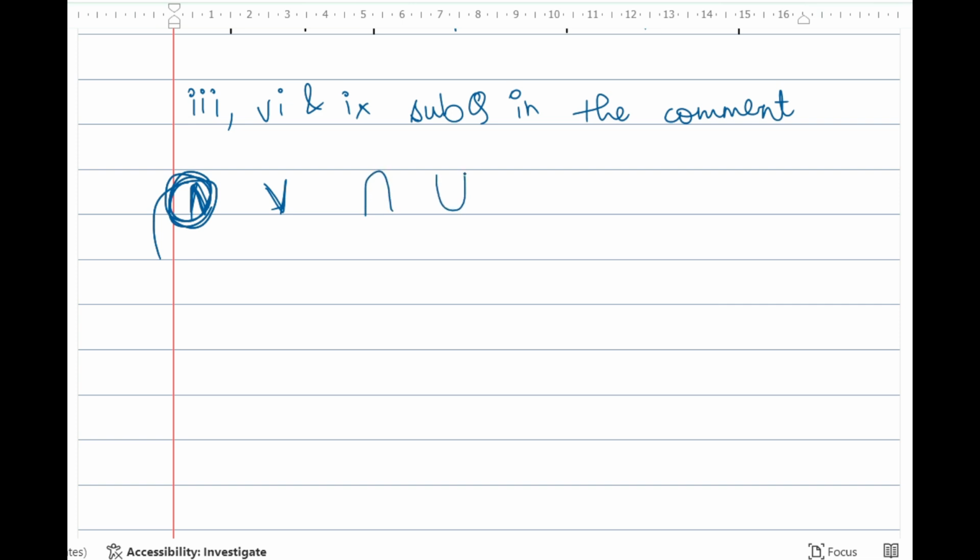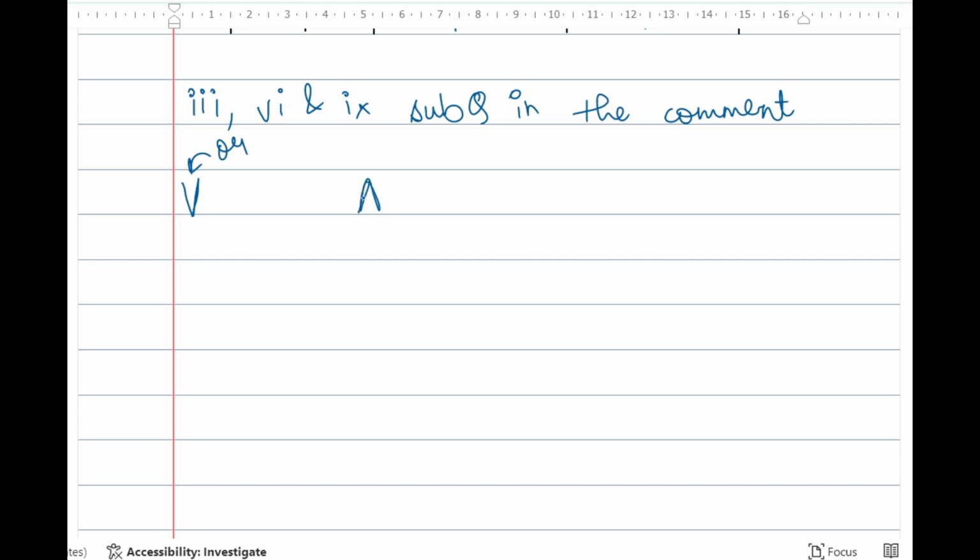So the intersection sign is like this and the union sign is like this. So what does union mean? That it's both this and this. So if it's either in P or in Q, it is going to be in the whole thing, it's going to be in the union. So this shows you or.